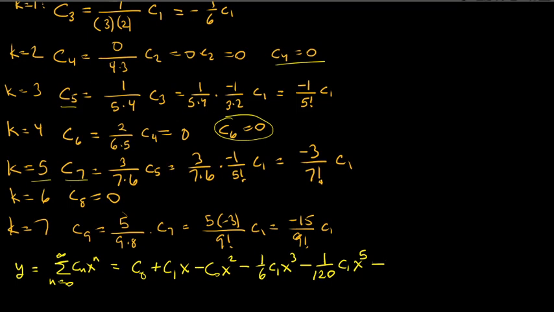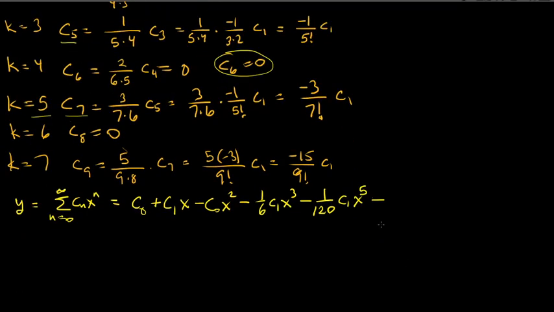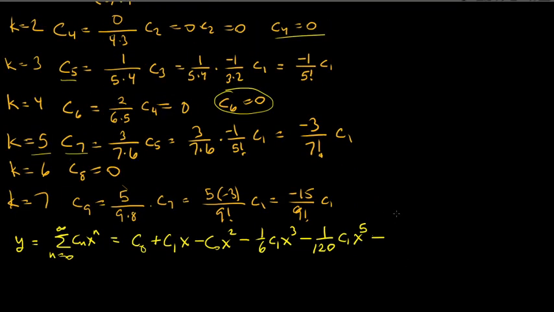Well, I don't know. I'm doing this quickly. I'm getting 1/1680 times C1 x to the 7.